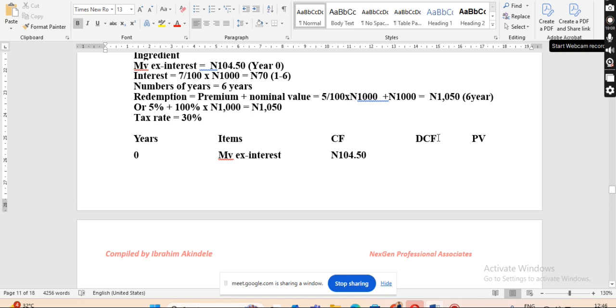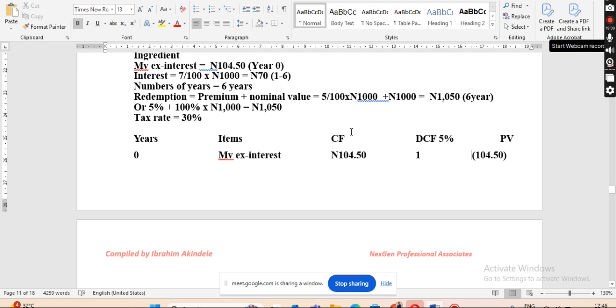IRR is just a trial and error method. So at 5%, this will be year 0, this will be year 1, and the cash flow is bracket 104.50. If this is established, what is the next step?